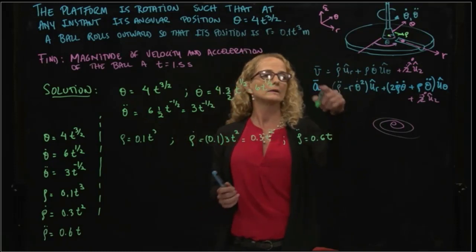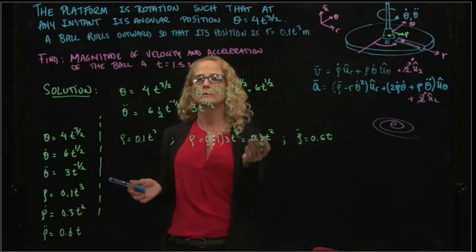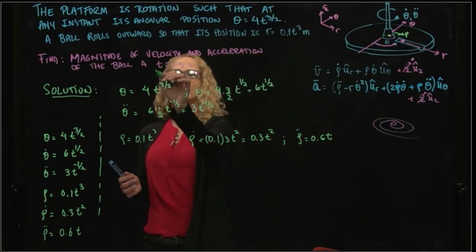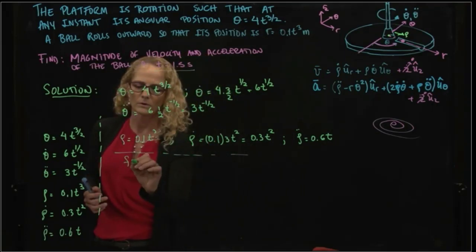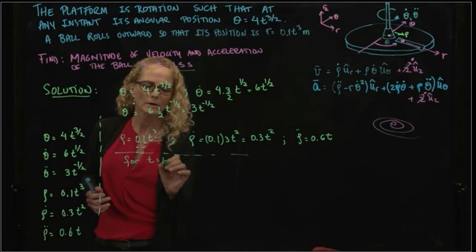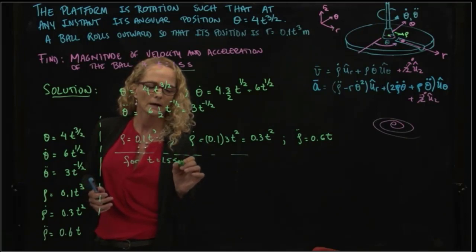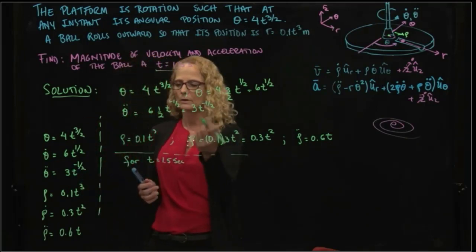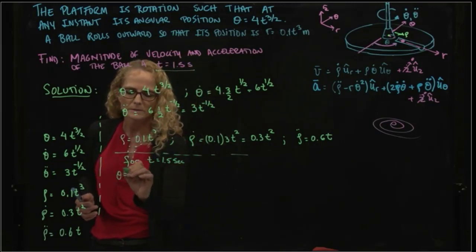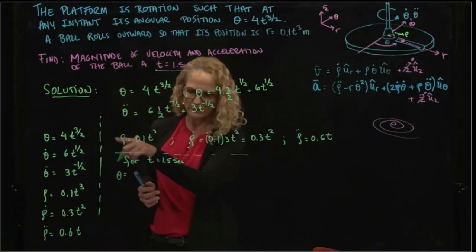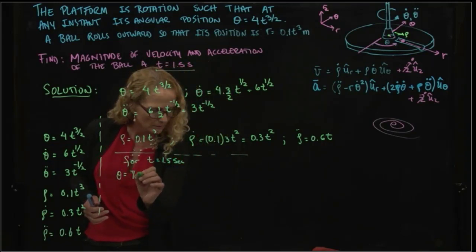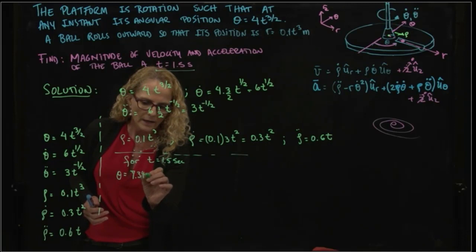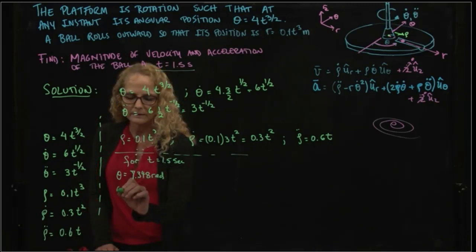But before we plug that in here, we need to find at what time we want to calculate those variables. And time is equal to 1.5 seconds. So for t equals 1.5 seconds, I have those variables calculated, so I'm going to copy them. Plugging in 1.5 here gives you theta is 107.348 radians. Theta dot has the same value, you can calculate that.